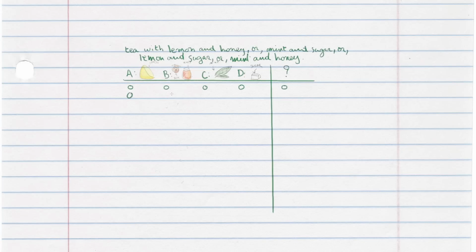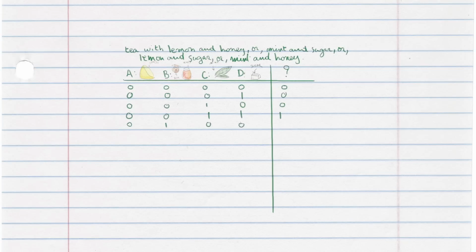If there is no lemon, no honey, no mint, and sugar, no, he is not going to drink his tea. If there is no lemon, no honey, mint, no sugar, no, he is not going to drink his tea. If there is no lemon, no honey, mint, and sugar, yes, that's one of the conditions stated above, so he's going to drink his tea.